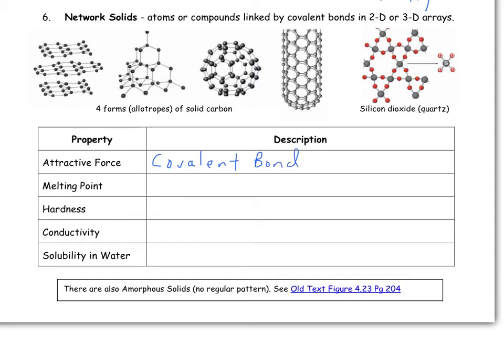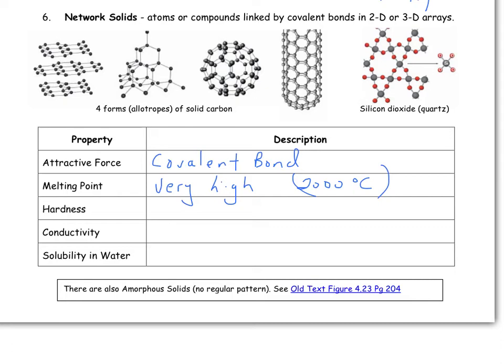Now, in order to melt a network solid, you might have to break hundreds or thousands of covalent bonds. That's going to take a lot of energy. Because of that, the melting point of network solids is very high. Now, we're talking about the 2000 degrees Celsius range.